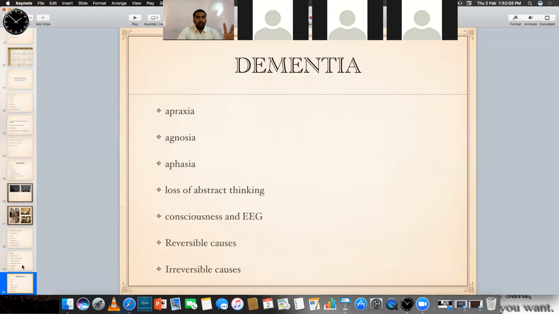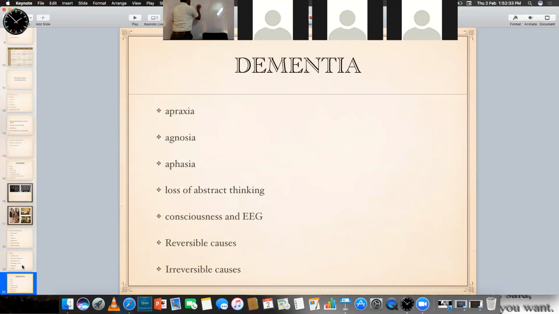Just in case there is some organic cause that is causing dementia, it's treatable basically, right? So if you can treat that, your dementia is gone. Instead of labeling them as having age-old dementia, it's better to treat the organic cause. And if you find that there is no particular cause, then you go to the irreversible causes. So what are the reversible and irreversible causes of dementia?